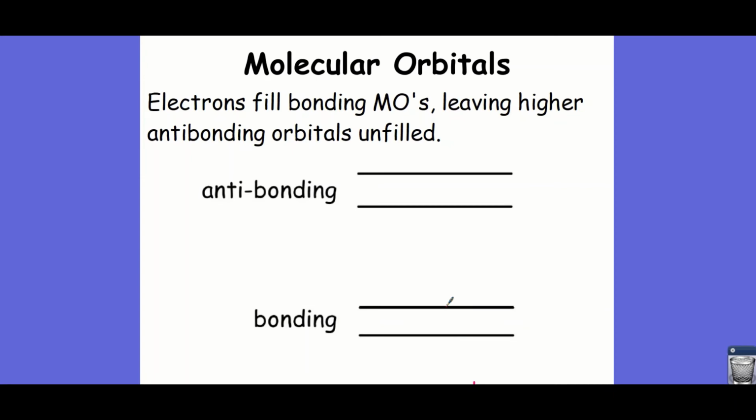But the anti-bonding orbitals don't just do nothing. We can promote an electron up into an anti-bonding orbital, and it is this promotion and subsequent falling back down of the electron which in some cases will cause a colour.